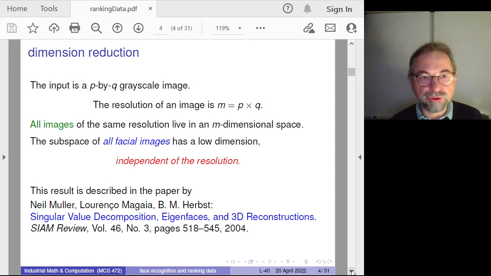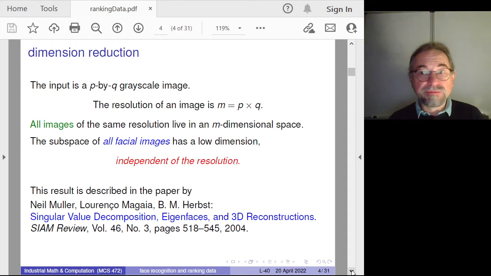We have a resolution, and that resolution determines the dimension of the space of all the images that one can make of that format. Now it turns out that the subspace of images that come from faces actually has a relatively low dimension that is independent of the resolution of the pictures. That's a result described in the paper referenced on this slide.